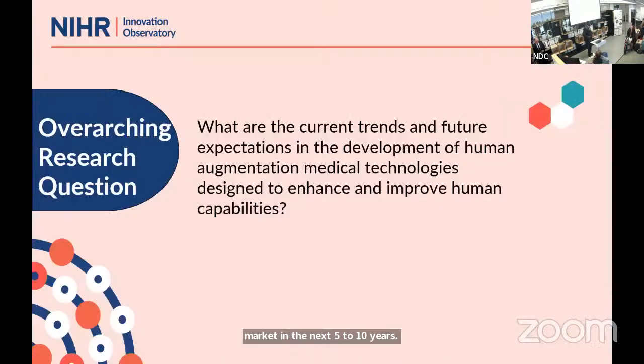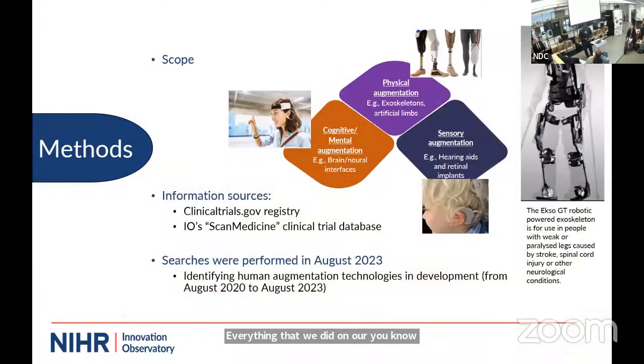And in terms of the overarching research question that guided our study, we were asking: what are the current trends and the future expectations in the development of human augmentation technologies designed to enhance and improve human capabilities? So this was the question that guided everything that we did in our study.